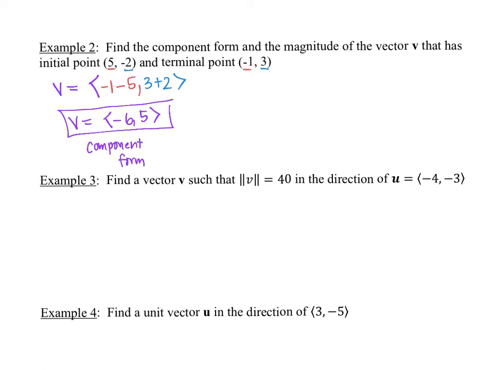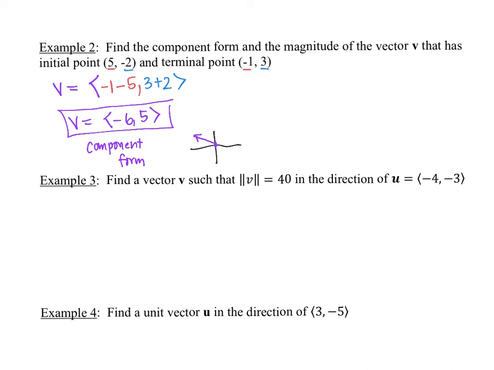Again, that just indicates that it has its initial side at 0, 0. Okay, I'm going to sketch it just so you can see what it would look like. You don't have to sketch it. This is saying initial point at 0, 0, -6, 5 means the terminal side's about at -6, 5. So it would look something like that. It didn't ask. I'm just showing you because I know you want to know.